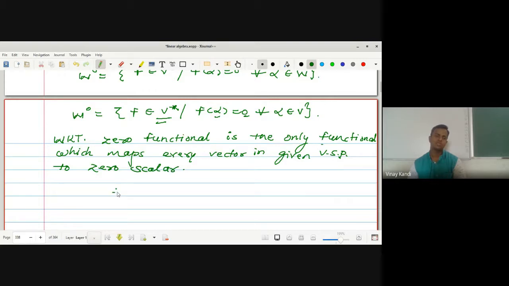Therefore, the annihilator of W is equal to the singleton containing the 0 functional.